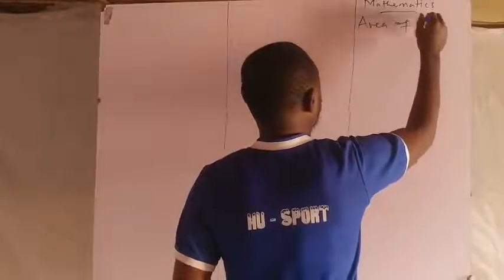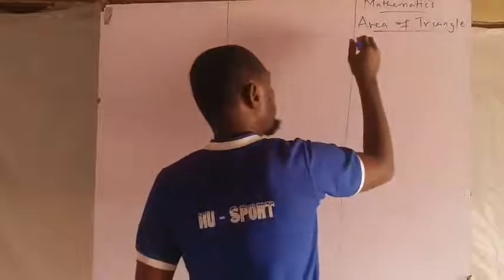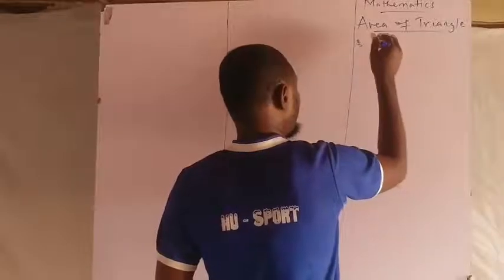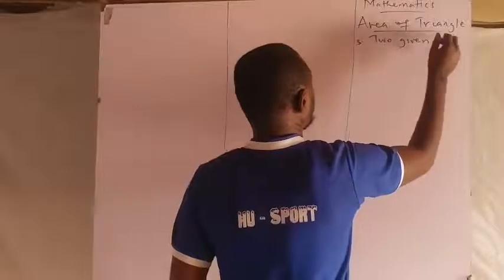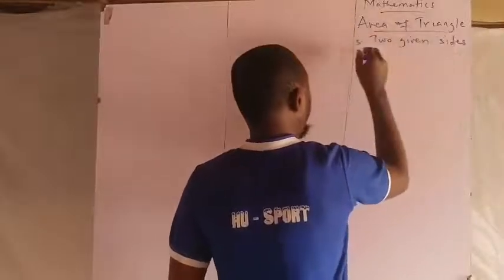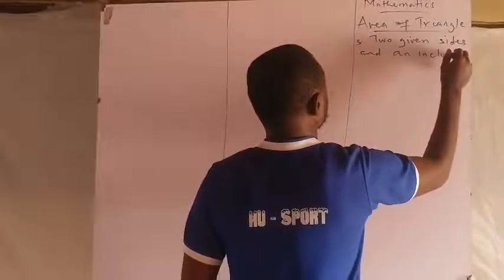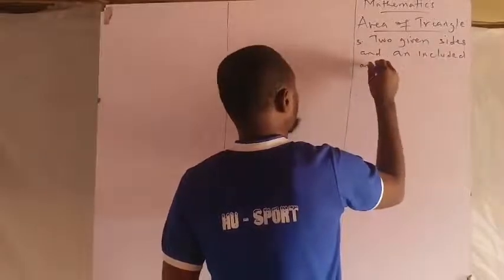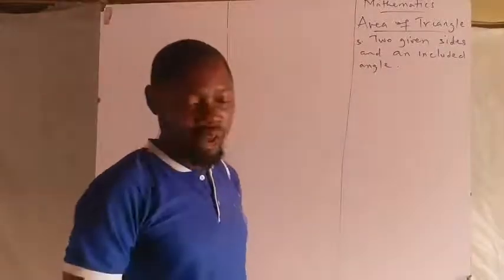Area of triangles. Today we are looking at two given sides and an included angle. Two given sides and an included angle.